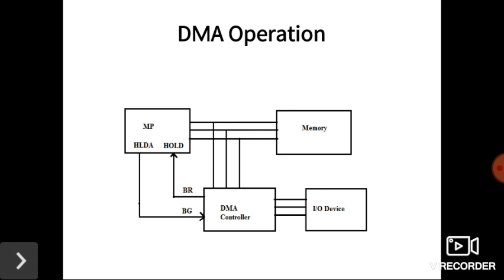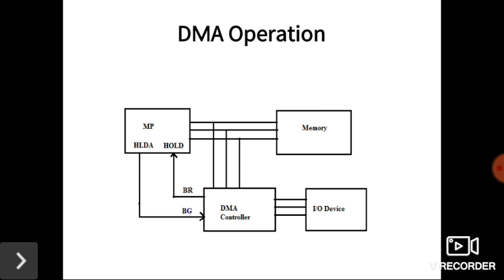Then the microprocessor tri-states all the address bus, data bus and control bus. The CPU relinquishes the control of the bus and acknowledges the hold input signal through the hold acknowledgement output signal. The CPU remains in the hold state, so the DMA controller becomes the master of the bus. The DMA controller circuit manages the switching of address, data and control buses between the CPU, memory and input-output devices. The HLDA signal is fed to the DMA controller.